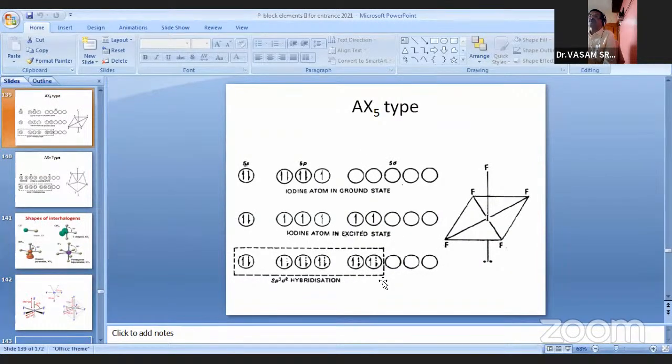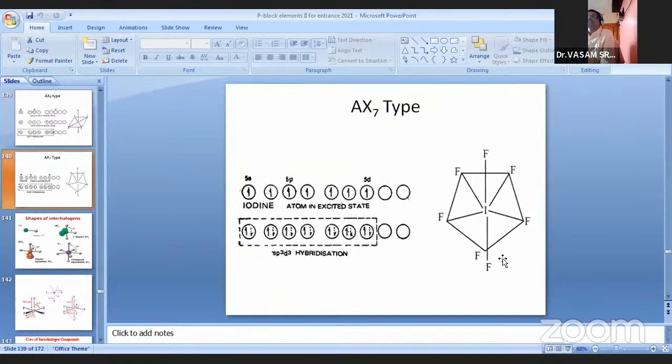And this is the AX5 model, with the third excited state sp3d2, and the geometry is square pyramidal. So 5 sigma bonds and 1 lone pair, 5 plus 1, 6. 6 means sp3d2 with a lone pair. That's why the geometry changes from octahedral to square pyramidal.